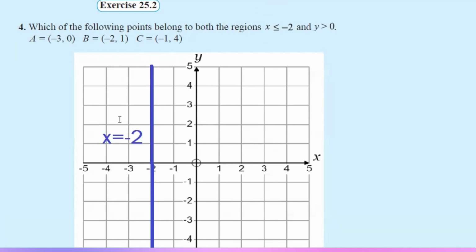Since x is less than or equal to minus 2, you can draw the straight line without using a dotted line.